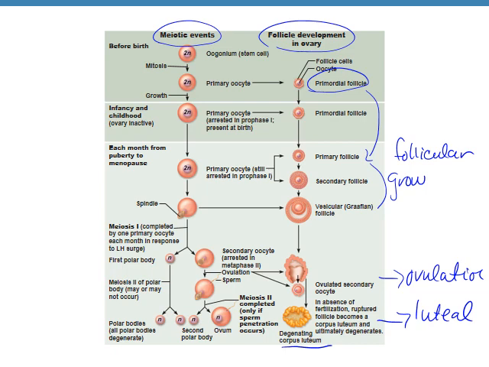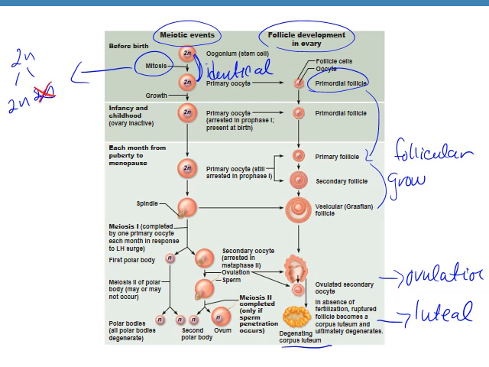For the meiosis part, this is what gets confusing. Before we start meiosis, we do a round of mitosis. So remember, mitosis is where we copy and we have an identical copy. So these two cells are identical. The other part is that they don't show you what happens to this one. So let me change the color.